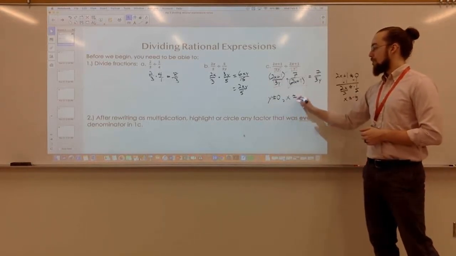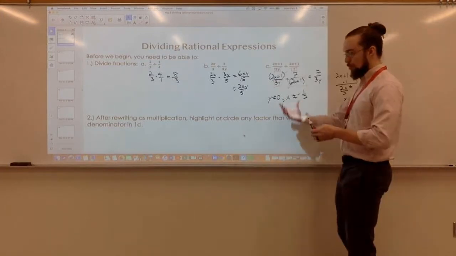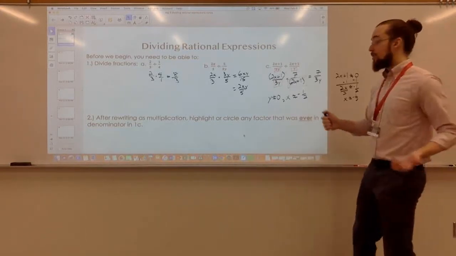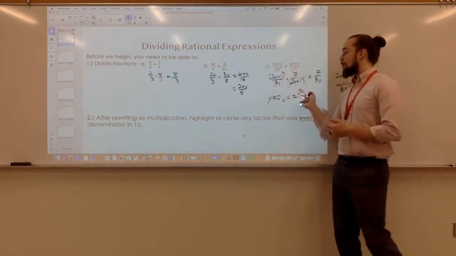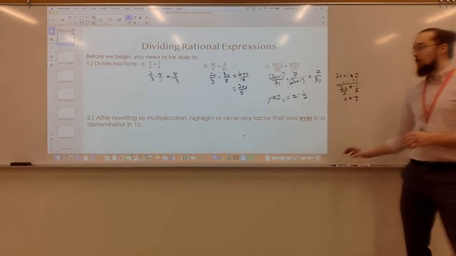So on this, we had 2 restrictions. We'll go through some more full examples, but the key for restrictions on division is making sure that we're looking at every factor that was ever in a denominator.